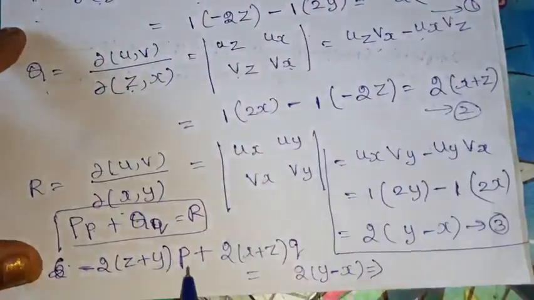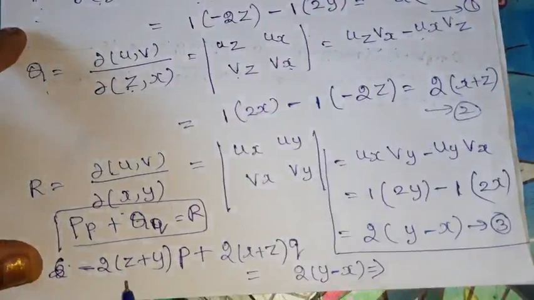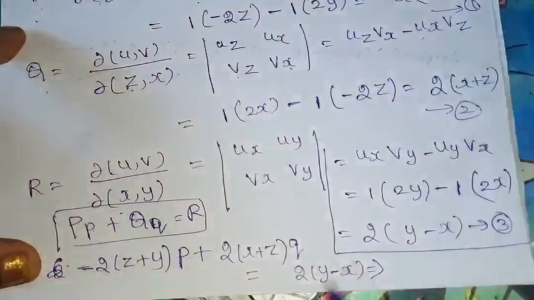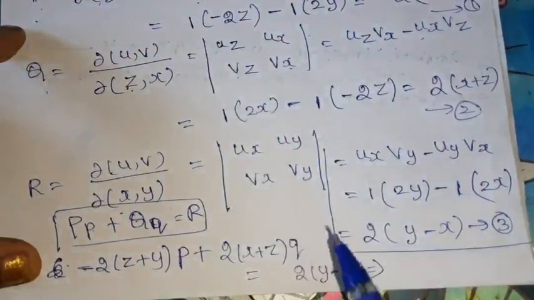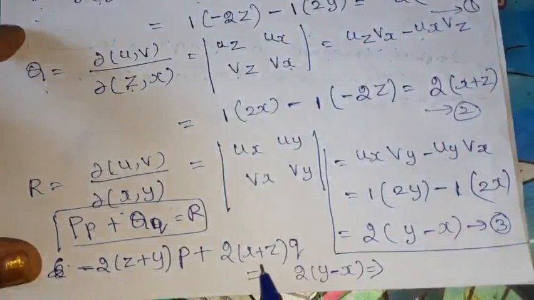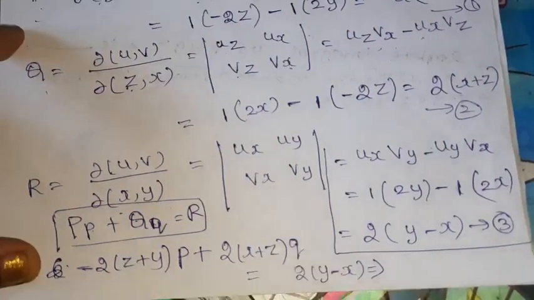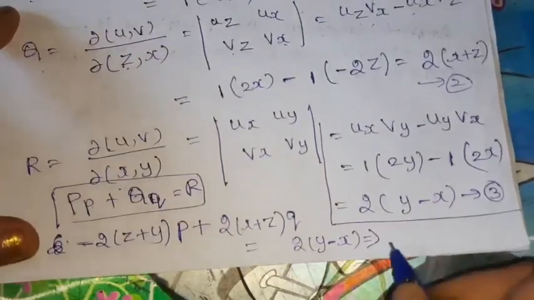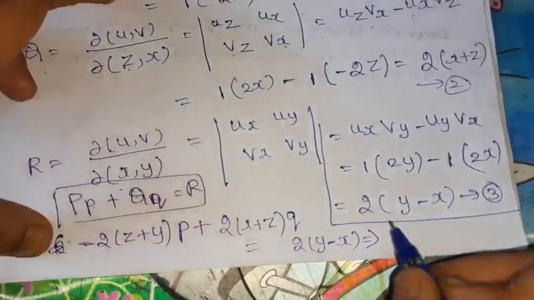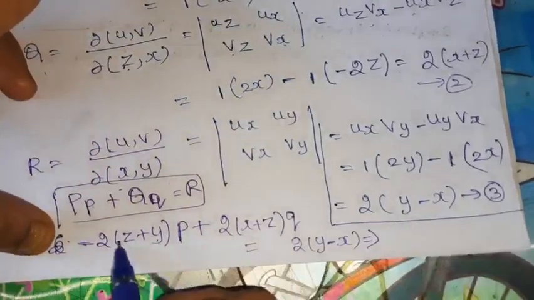So y plus z into p minus, into x minus y plus z into p plus x plus z into q equal to y minus x. So here, from this option, how can we correlate? Wait, I am writing here y plus z.